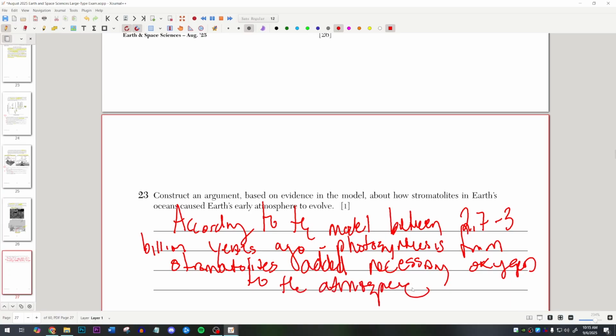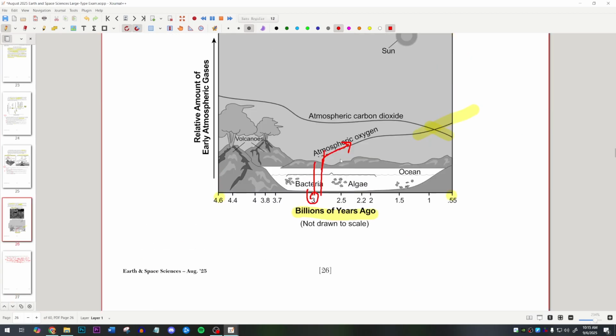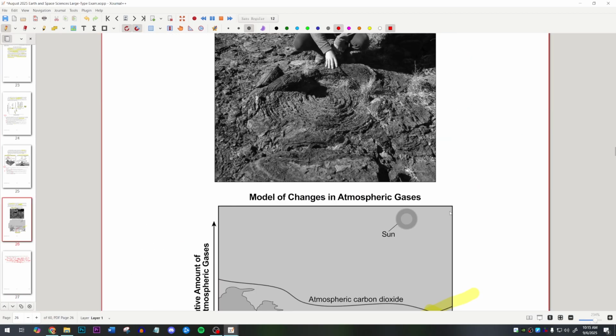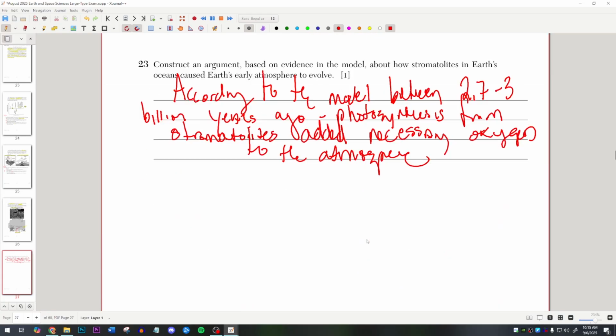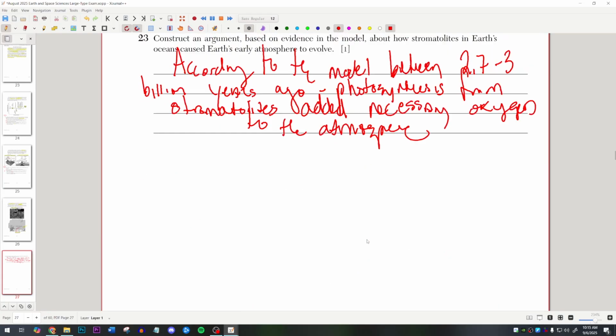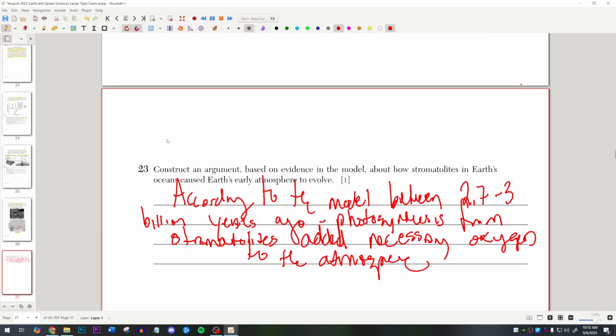So we knew once we saw photosynthesis, we're going to create oxygen. And then to get the evidence, we just used the table somehow. So that's what you're going to have to do.